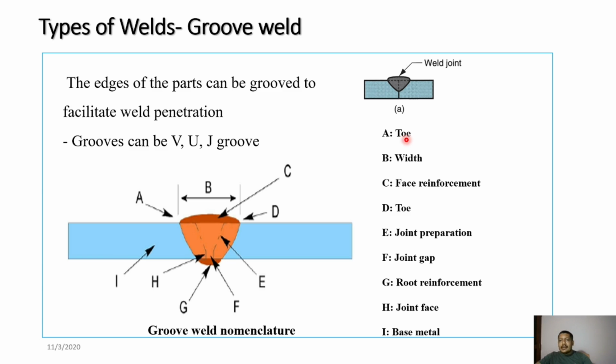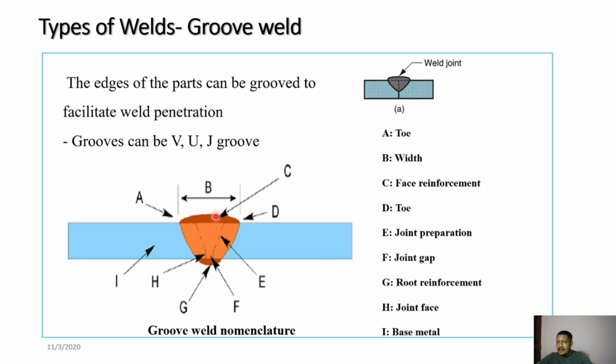The major parts are the toes, these are the toes of the weld. This is the bead width, called the weld bead. C is the face reinforcement, the entire area from A to D up to B.